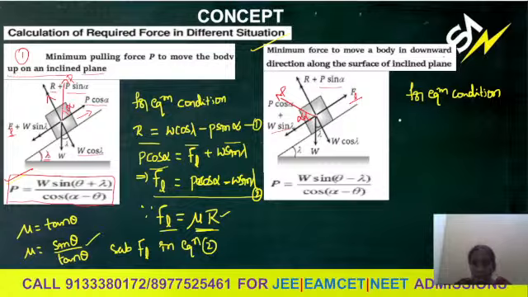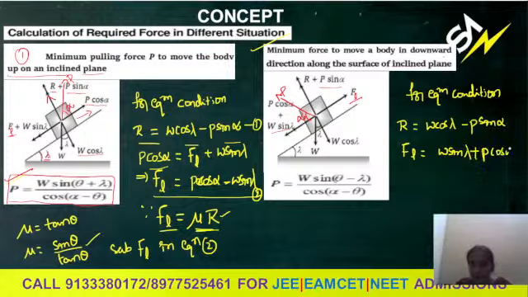So vertically, R plus P sin alpha is equal to W cos lambda, which can be written as R equals W cos lambda minus P sin alpha. Horizontally, Fl, the limiting friction, is balanced with W sin lambda plus P cos alpha.